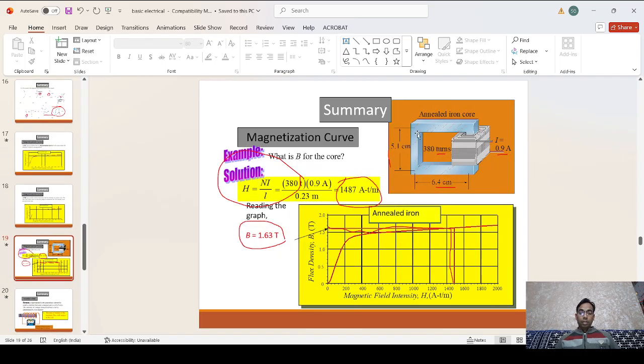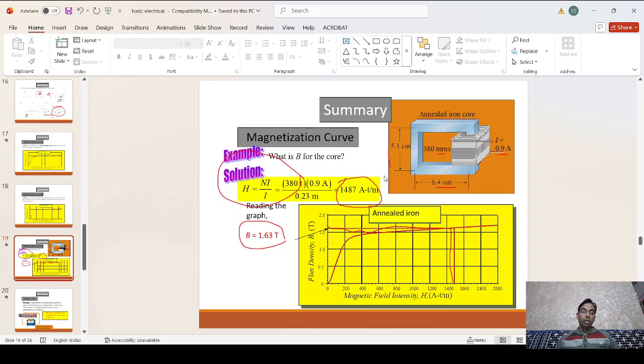Like this is the magnet, an annealed iron magnet. The current is 0.9 ampere, with 380 turns, the length is 6.4 centimeters, and this length is 5.1 centimeters. Find the flux density of the core. The relation is H equal to Ni upon L. N is 380, I is 0.9, L is 0.23 meter.